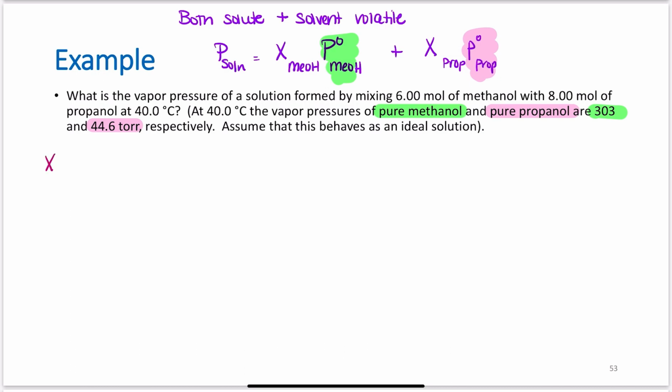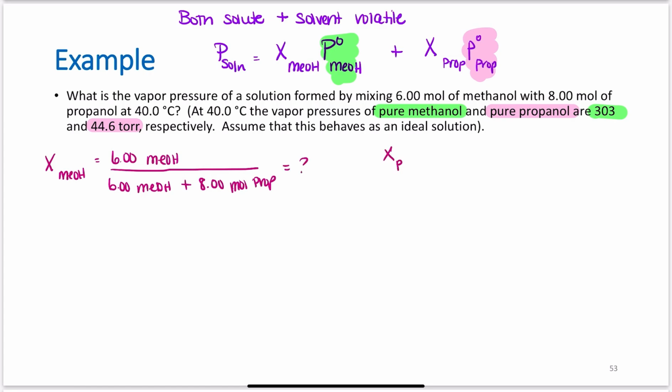Mole fraction of methanol: you've got 6 moles of methanol divided by 6 moles of methanol plus 8 moles of propanol. I didn't actually calculate this out, so I'm not going to calculate it out here either, but you can find the answer.